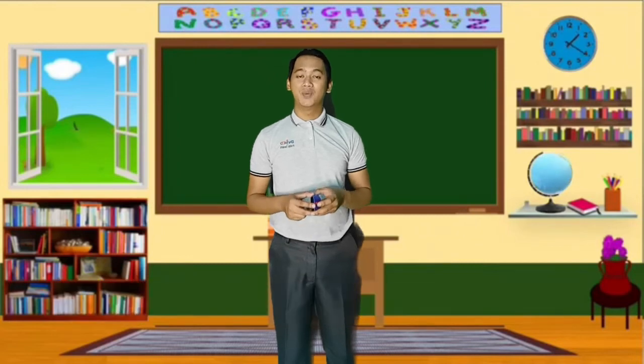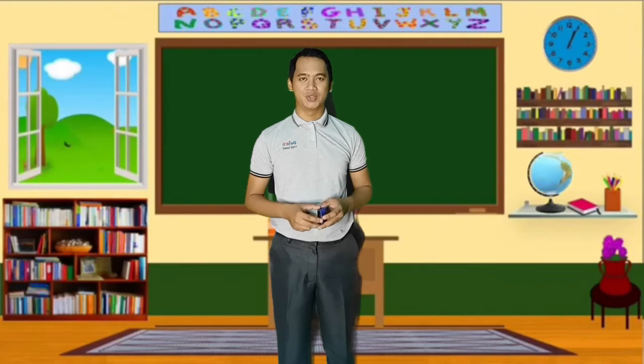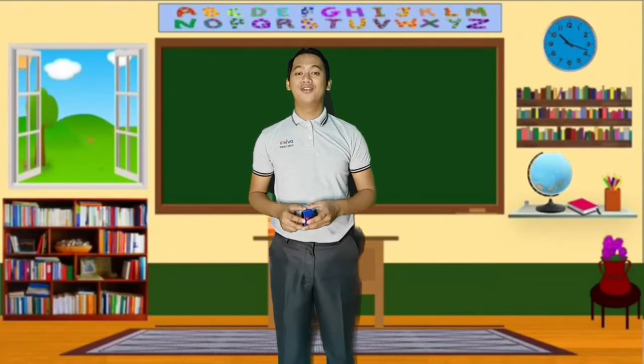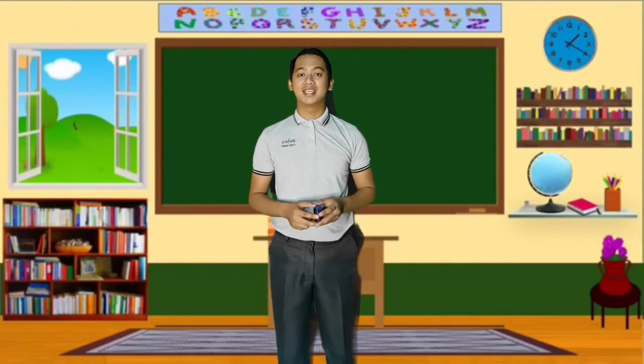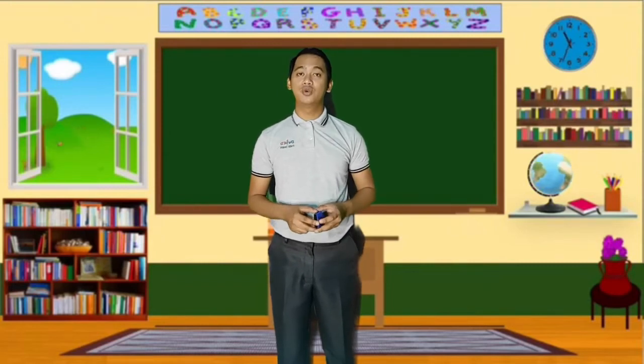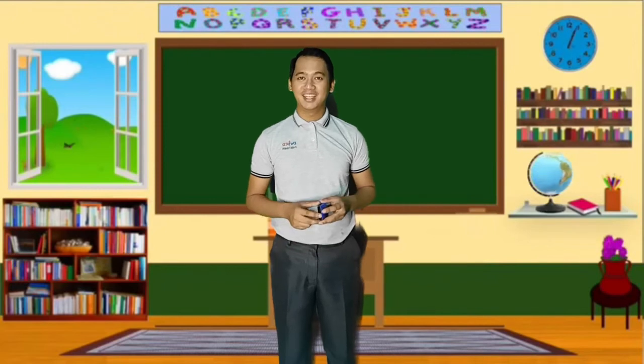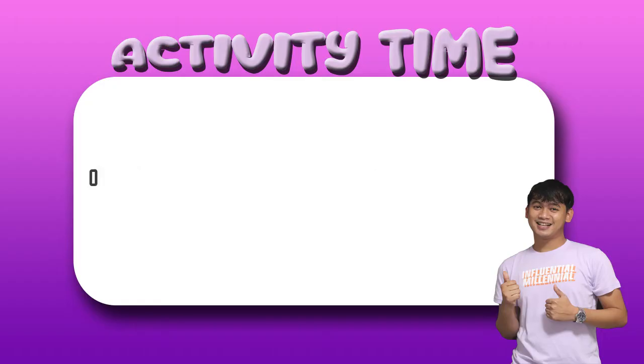Again, I want you to read these questions and choose the connection being used. You may write A for text to self, B for text to text, and C for text to world. Are you ready? If you are, then pick your pen and paper and let's get started.